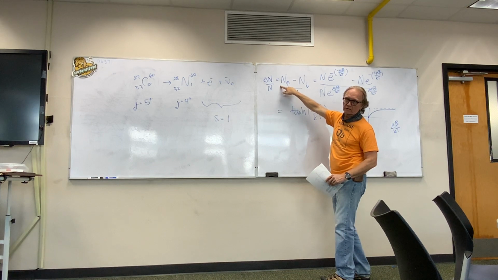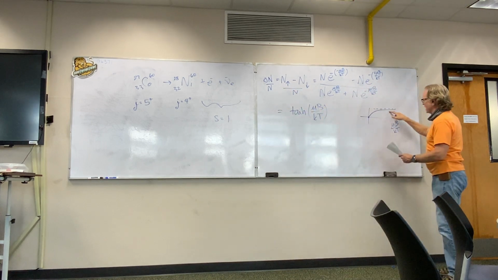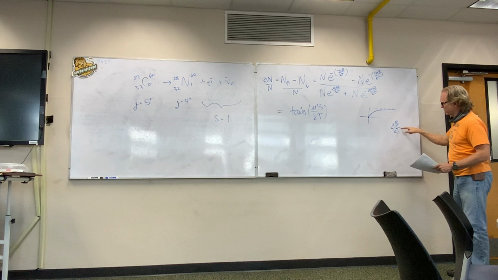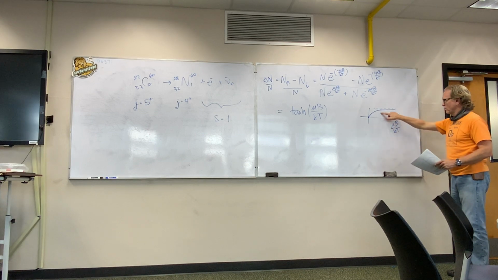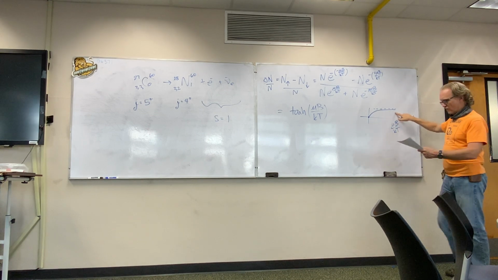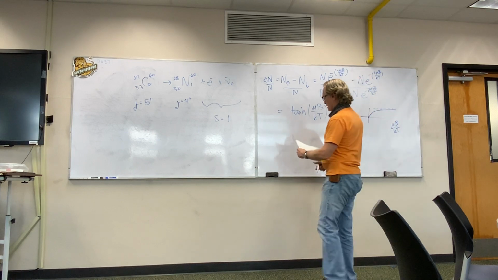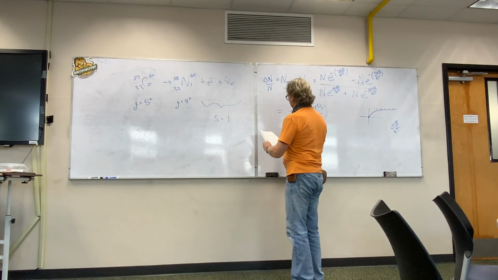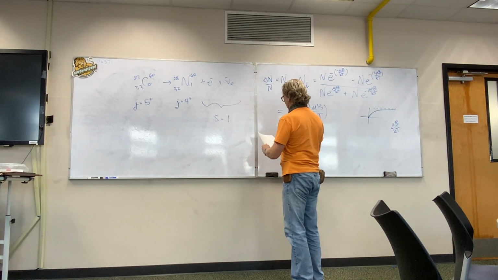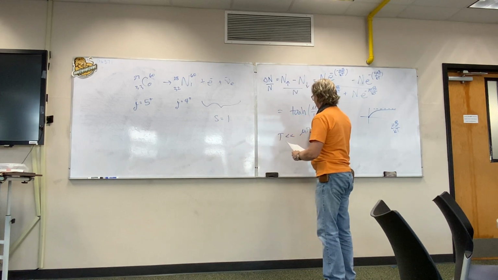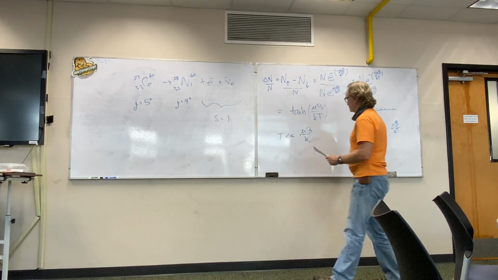I want to be out here. I want to be at low temperature, so I'm far out here. How far down do I need to be? I need for the temperature to be much, much less than UB over K.